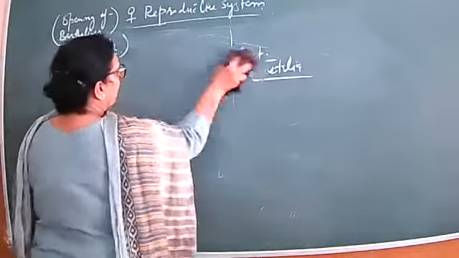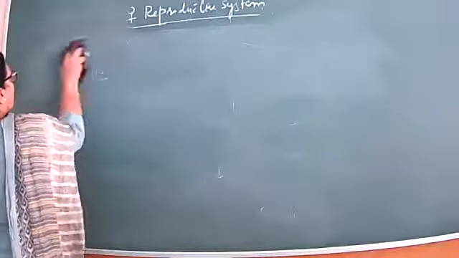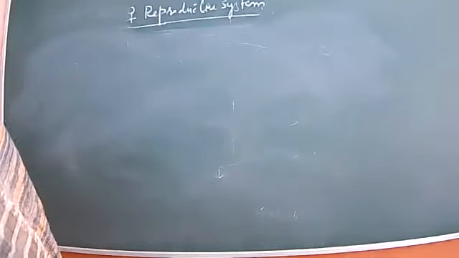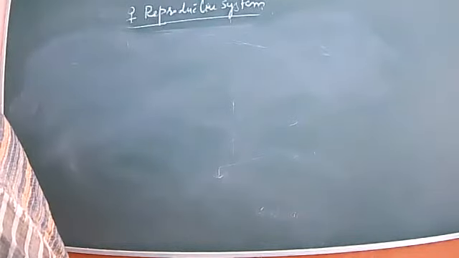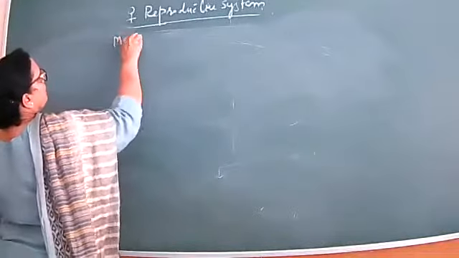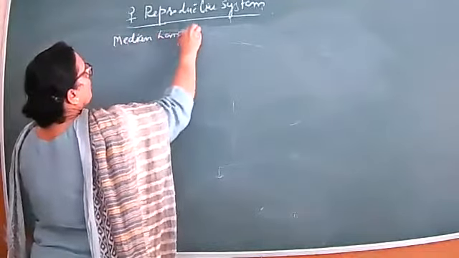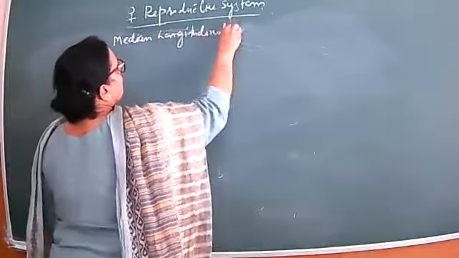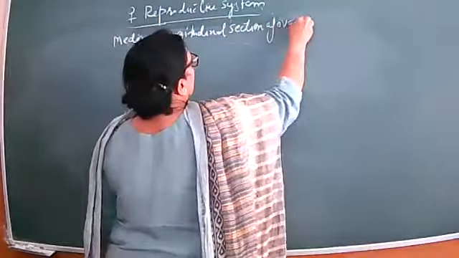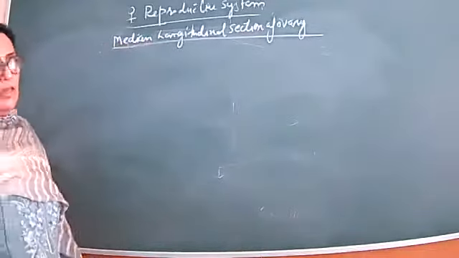So first, let me do the detailed structure of the ovary. For that we have to do the median longitudinal section of the ovary. All the details will be clear in that section, right?